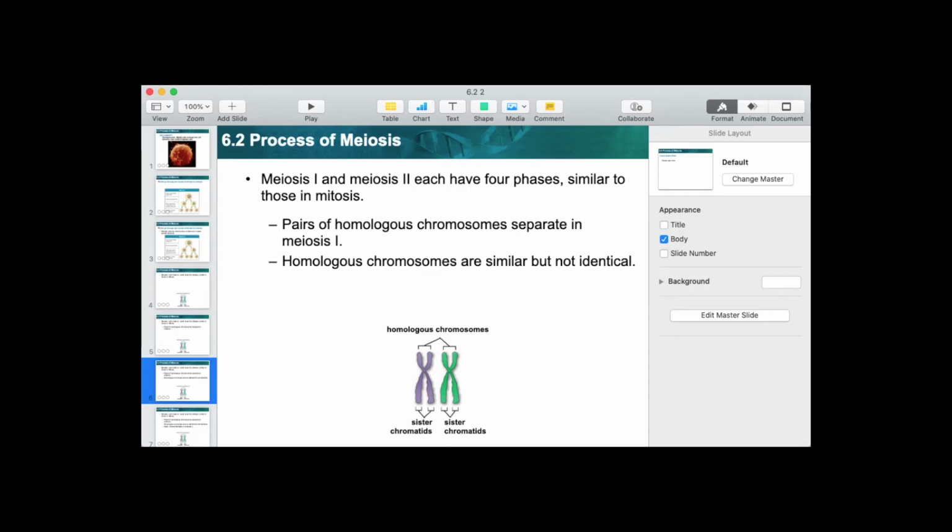So they have different genes expressed, but they code for the same kinds of genes. Let's say the green ones code for green eyes. There would be two genes for green eyes, one on each of these sister chromatids. This one might code for brown eyes, and so there'd be two genes on here, each for brown eyes. And they're separated in meiosis II into individual egg and sperm cells.